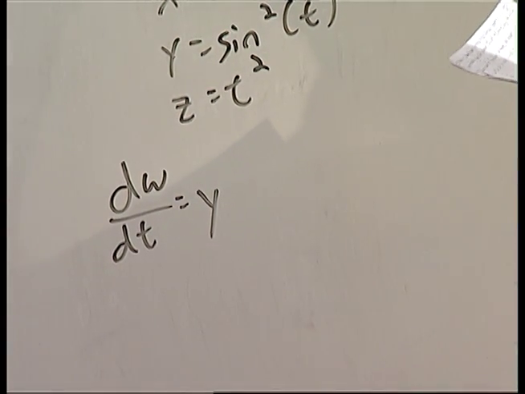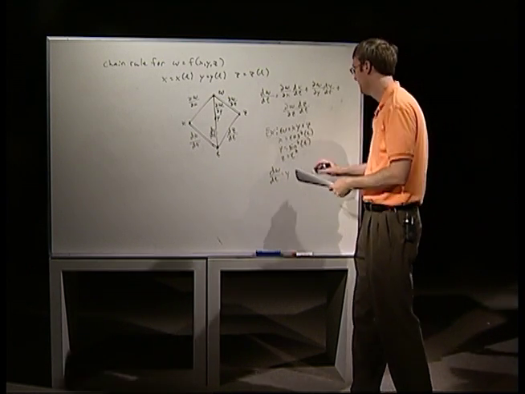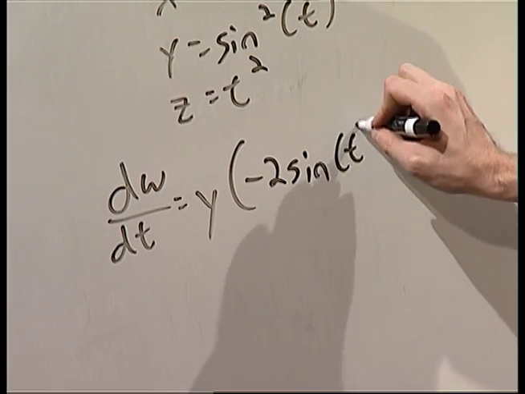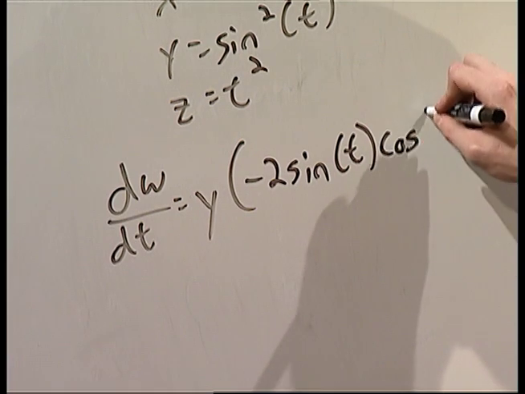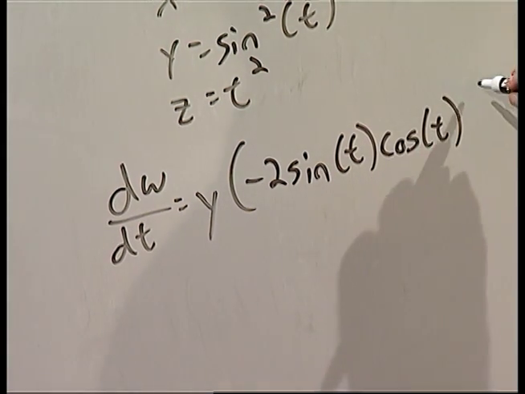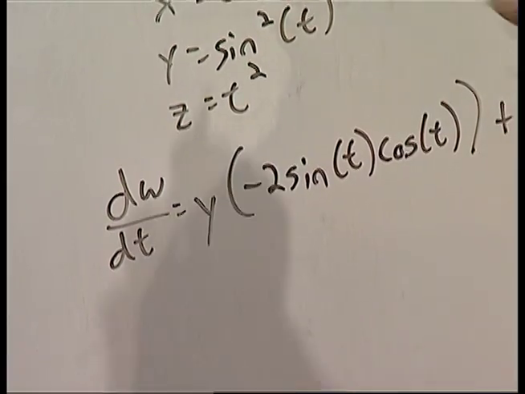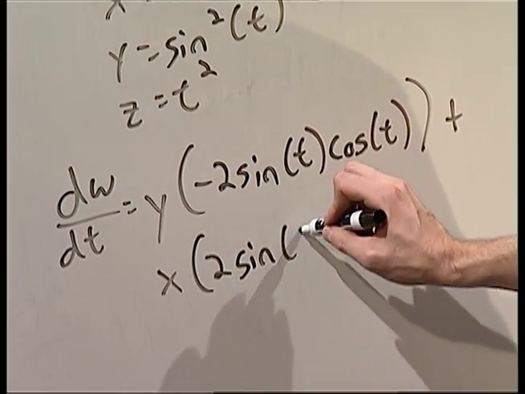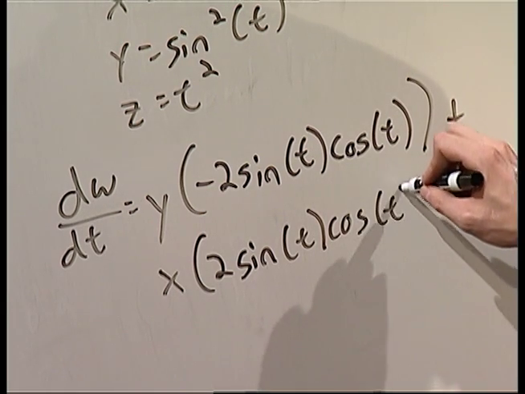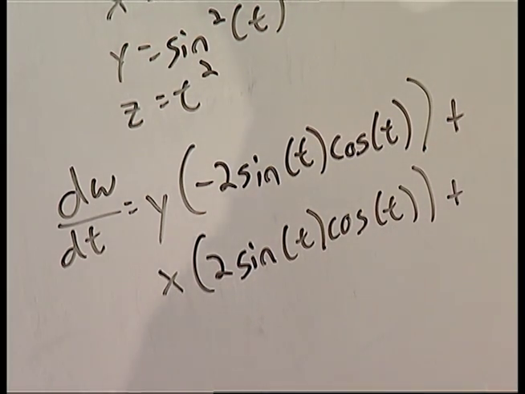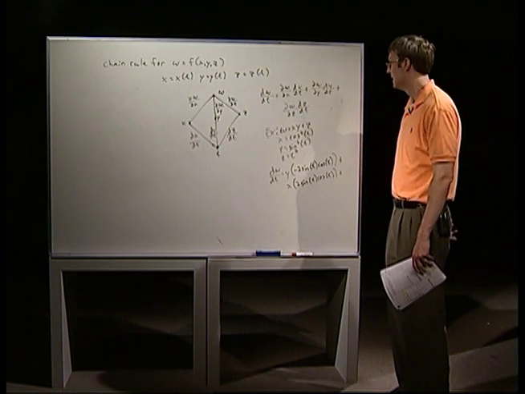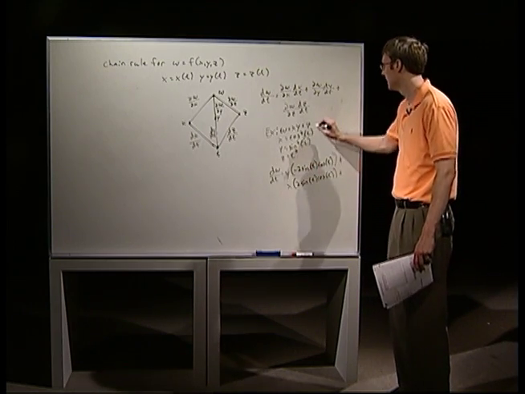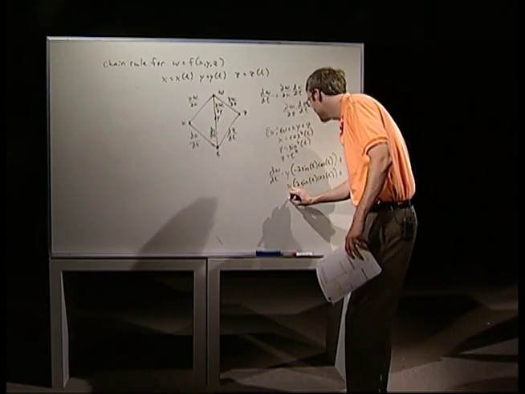And dx/dt is what? Minus 2 sine t cosine t. Partial w, partial y is x, and then 2 sine t cosine t is dy/dt. And partial w, partial z is just 1, because there's nothing else over here. So it's just 1, and that's plus a 2t.